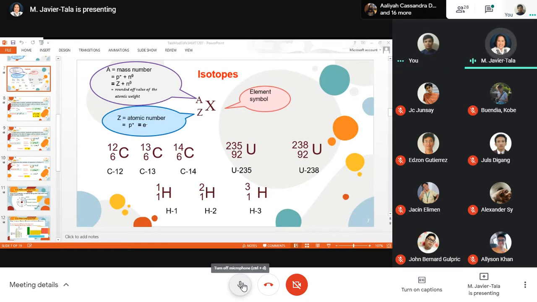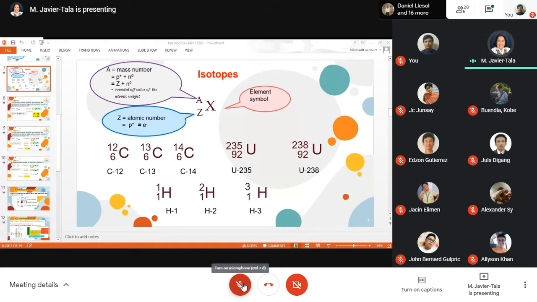And what is the other one? Only one is written in yours? Only one, okay. That means it is in brackets, right? When it is in a bracket, it means it is the most stable isotope that they considered in the atomic mass. Okay? Thank you, Mr. Litan.